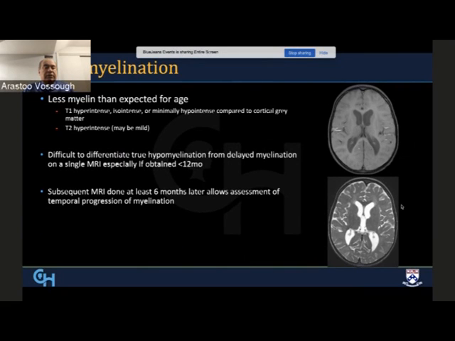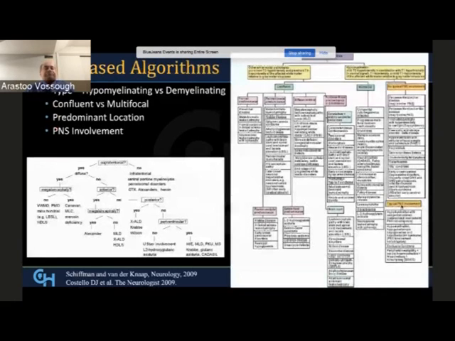In these cases, having a subsequent MRI done, for example, 6 months later, allows assessment of the progression of myelination and whether you're dealing with true hypomyelination or some temporary phenomenon. Now, there are disorders that cause delayed myelination, and we'll get to those as well.